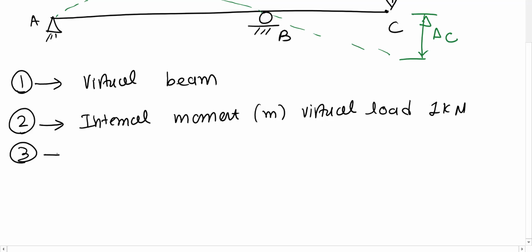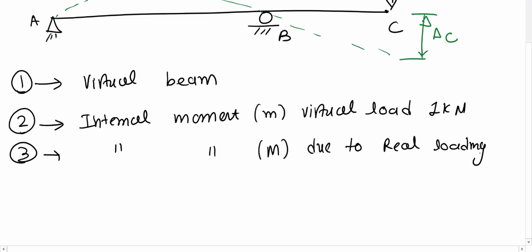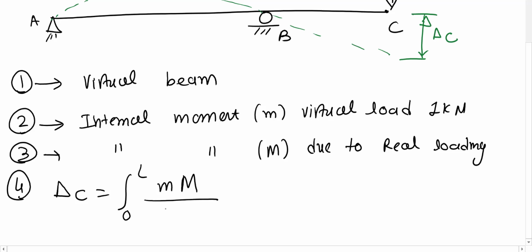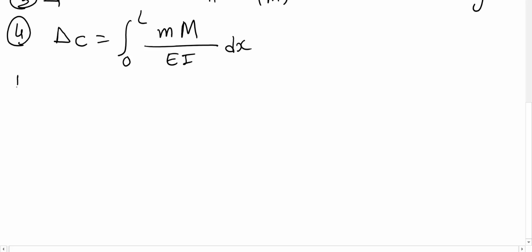Third, we find the internal moment due to the real loading. And fourth, we find the deflection using the equation, small m due to virtual load, over EI, dx. Now let's do the first step.